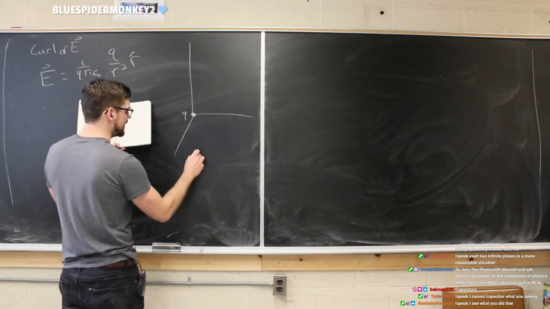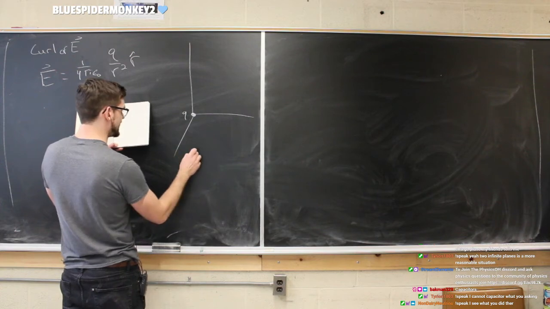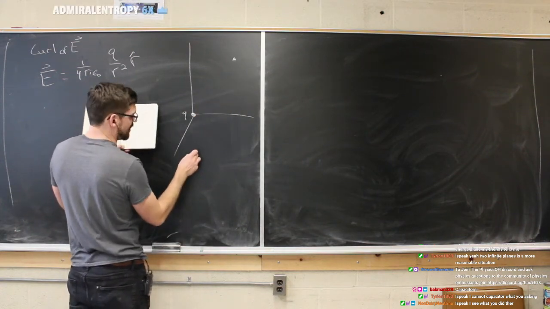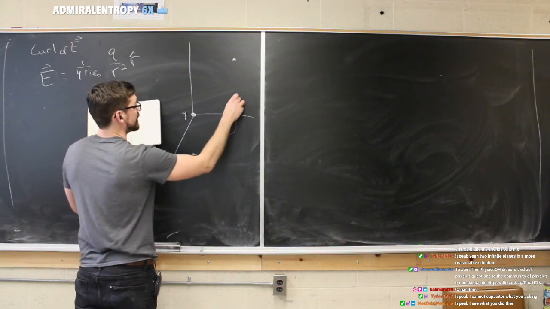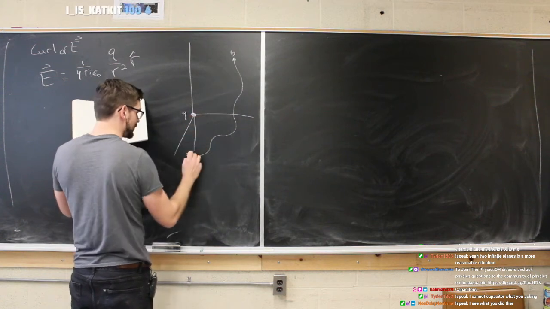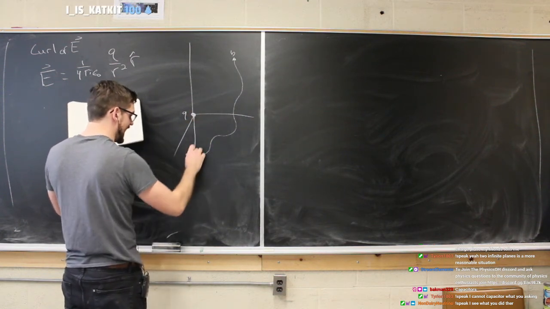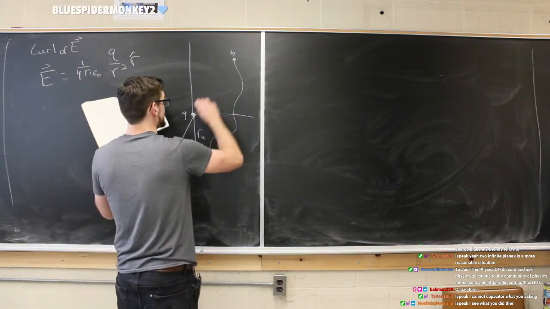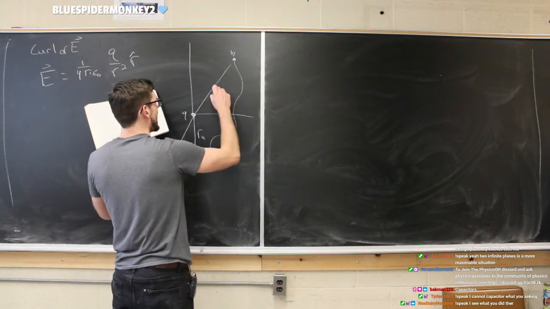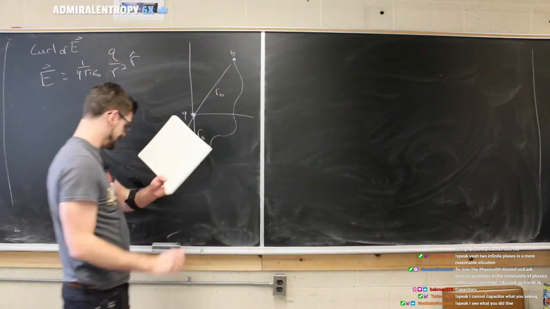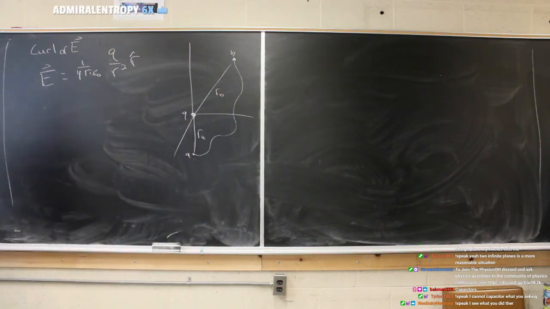We'll pick A here and B here. And then we're going to just draw a random path, any path, from A to B. So this is A, this is B. There are radii away from the source charge. We'll call the one to A radius A, and the other radius B.